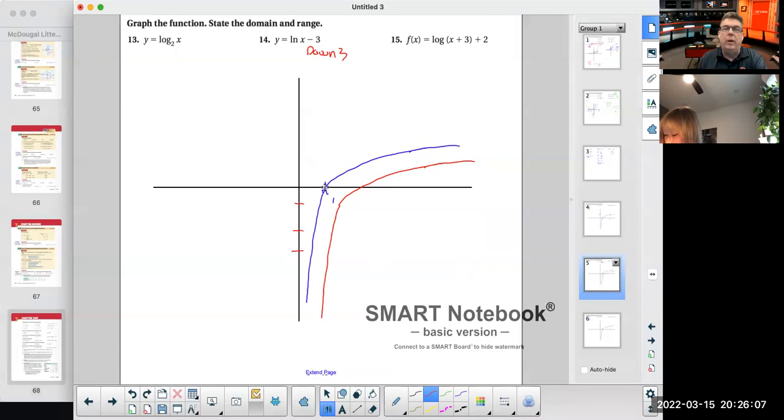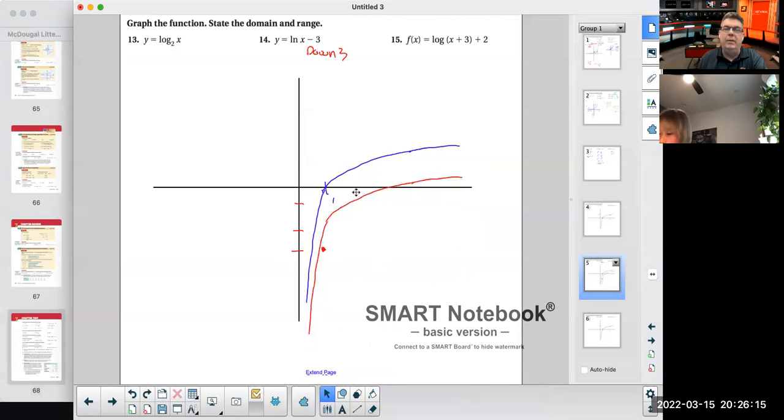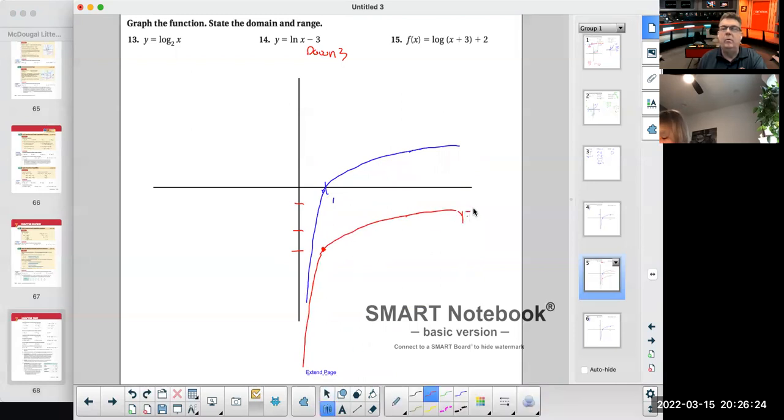I would look at this point right here and just move it down 3 and then copy it as best I could. Of course, you're not going to be as good as me, but then again, who is, right? And it would look like that. Is that okay? And then you don't have to put this function on there. You can, but that's what it looks like, okay?